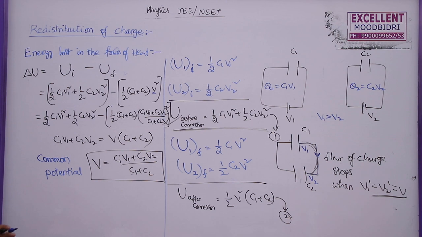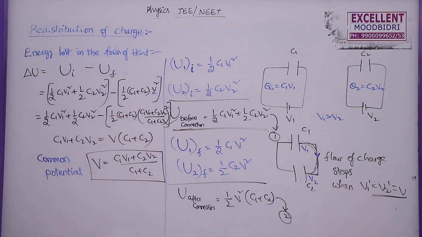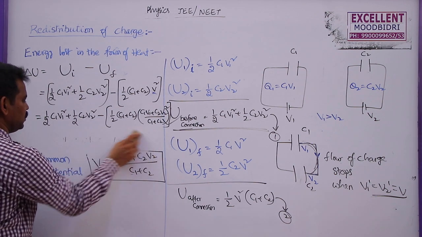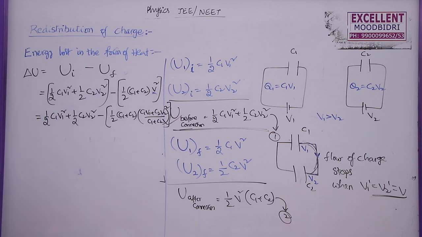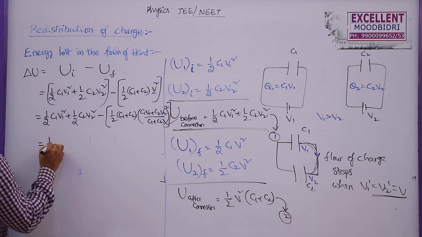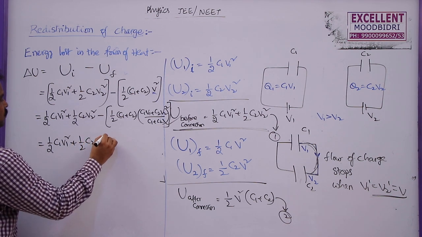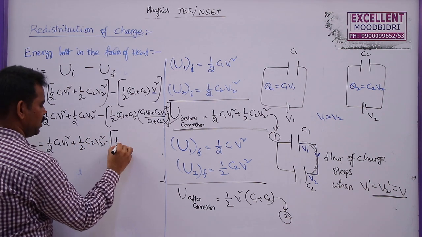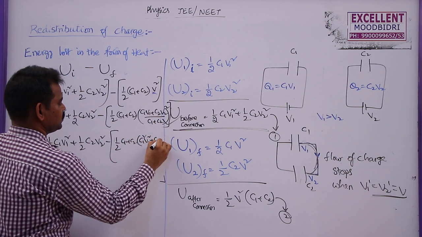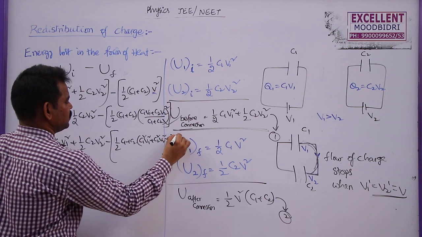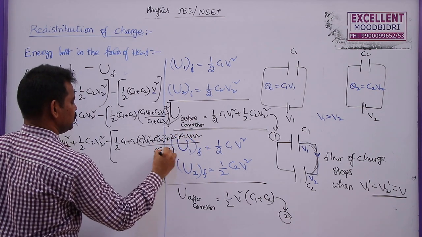square. Now after simplification, one C1 plus C2 gets cancelled, and if you expand this, you will get half C1 V1 square plus half C2 V2 square minus half into C1 square V1 square plus C2 square V2 square plus 2 C1 C2 V1 V2 by C1 plus C2 whole square.